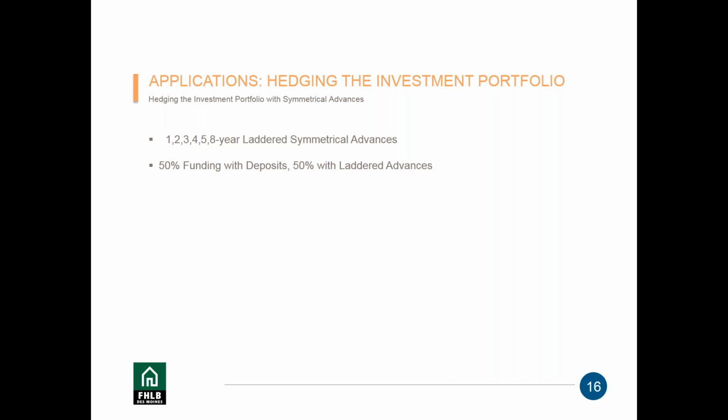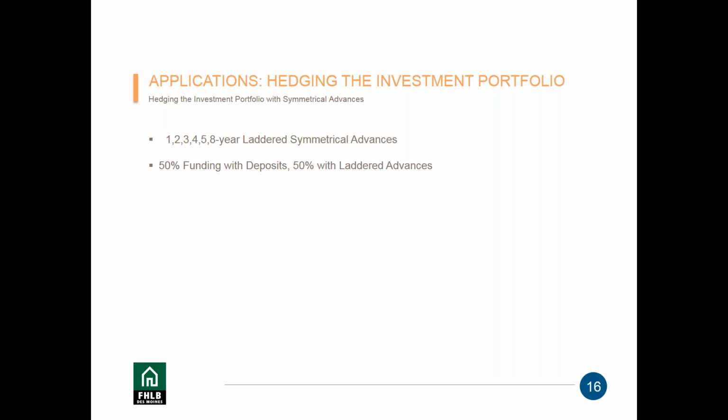So I'm now going to show you a very typical exercise that we in member strategies of the FHLB Des Moines do with members on testing optimal symmetrical funding strategies. So we review various symmetrical advance ladders and we blend them into funding scenarios with deposits, as we went through with the August 15 webinar.